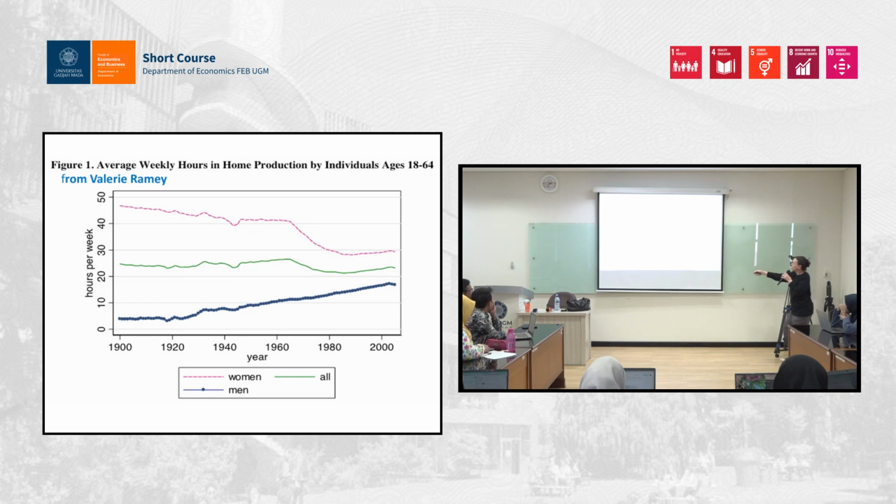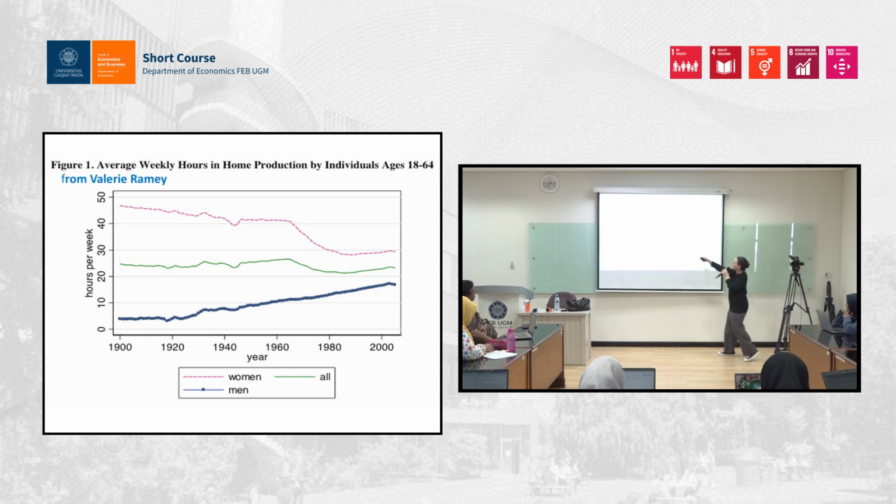And she's going to show you the hours per week of household work by men that increased in the US on average, for the average man, from maybe 5 hours per week to almost 20 hours of household work per week by American men. And the American women do a bit over 30. So this was really interesting.